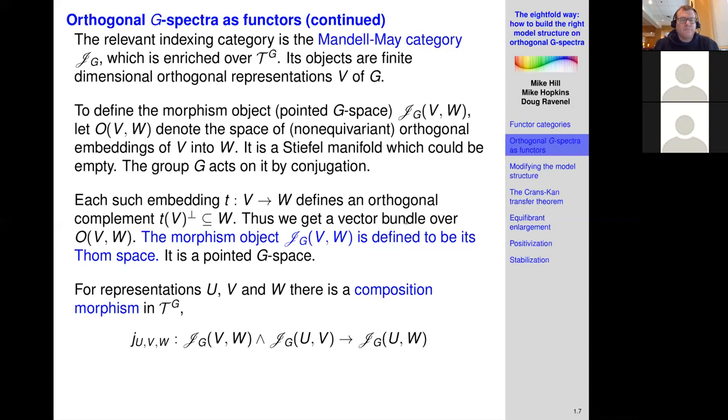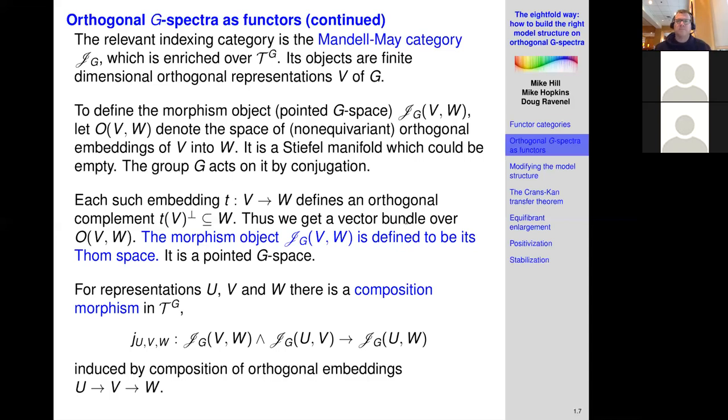And if you have three objects, U, V, and W, there's a composition morphism, as I've indicated here, that is induced by, if you have an orthogonal embedding of U into V and a V into W, you can compose them and get an embedding of U into W, and that leads to this composition morphism that I've indicated here.